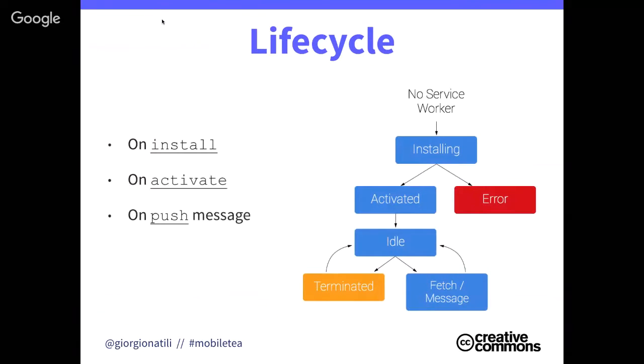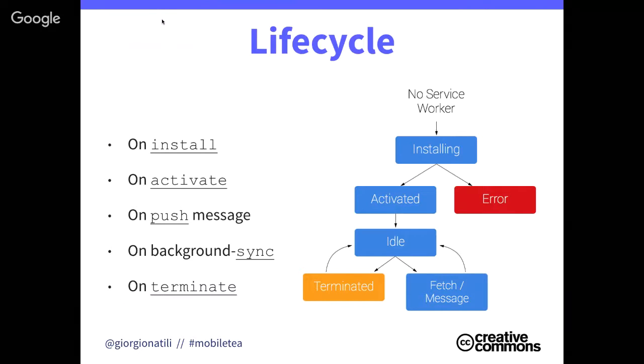The lifecycle is pretty simple. You have an install event that happens only once, when you install your service worker into your app. Then an activate event that can eventually return an error, and you can handle the error, for permissions or whatever, if something wrong is happening.